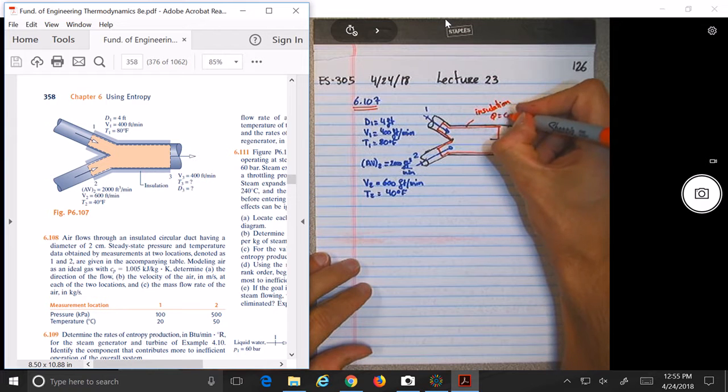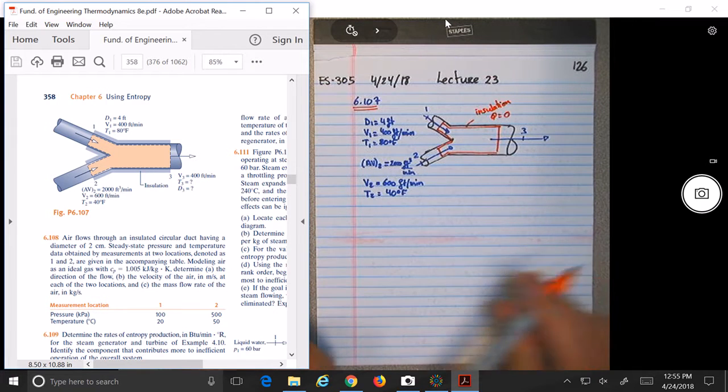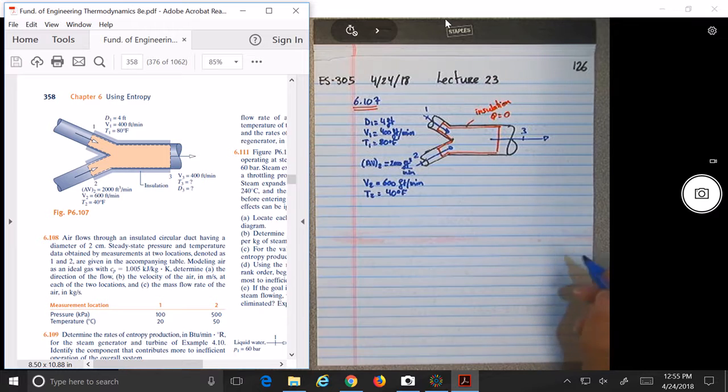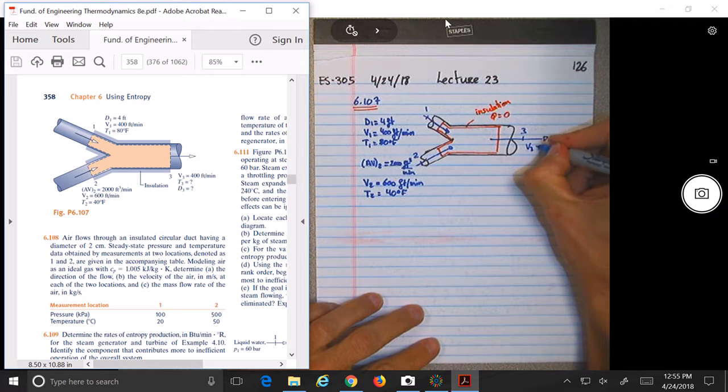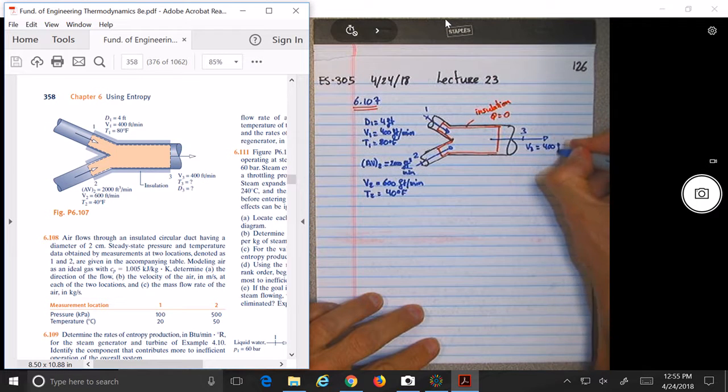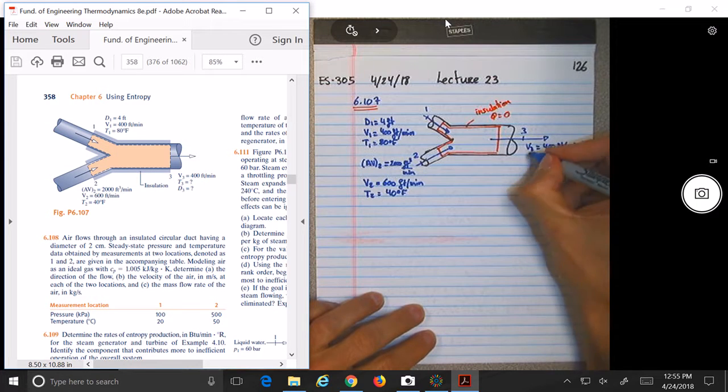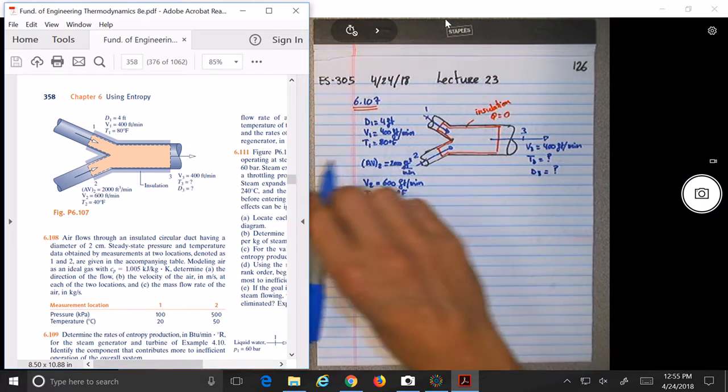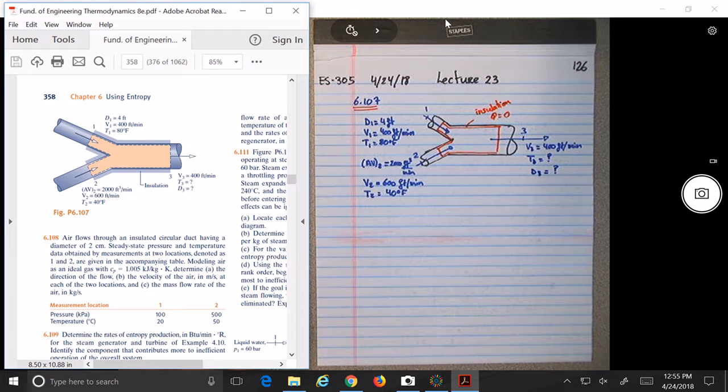Basically, I will say there is no heat, no? All right? And then we know V3 is 400 feet per minute. So it looks like we need to find the temperature and the diameter.